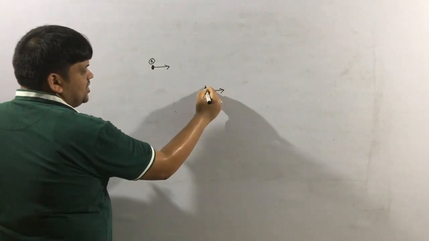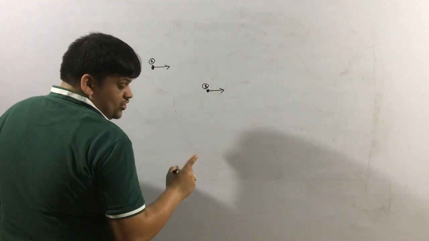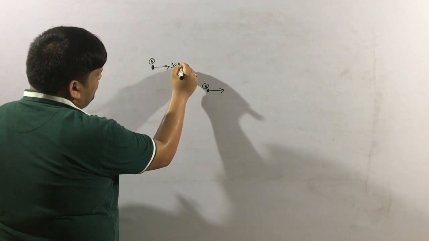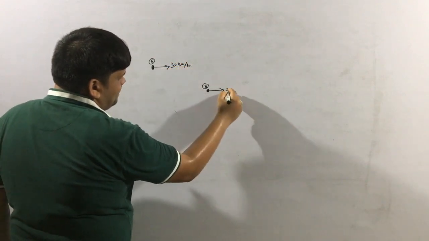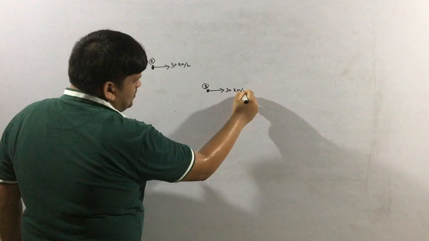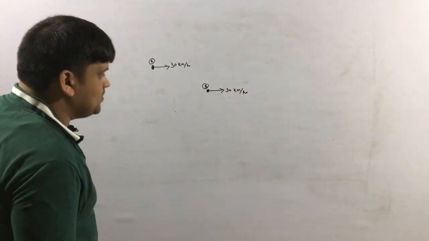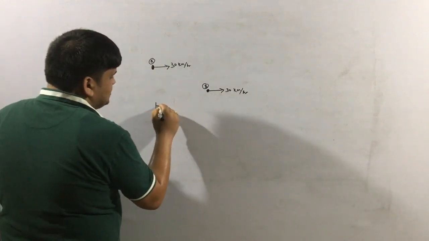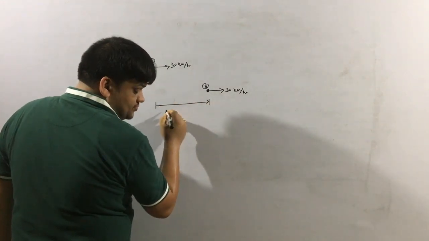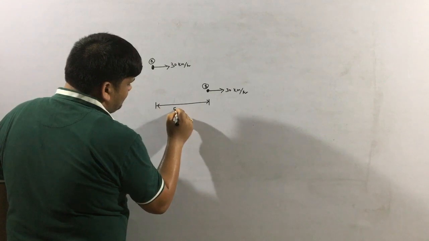Along the same direction they are moving, A and B, and both of them have a speed of 30 km per hour. So they are having constant speed, so obviously acceleration is 0 for both of them. And the initial distance between them was 5 km.